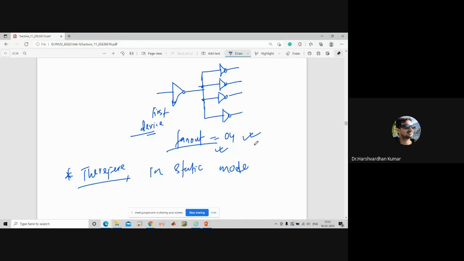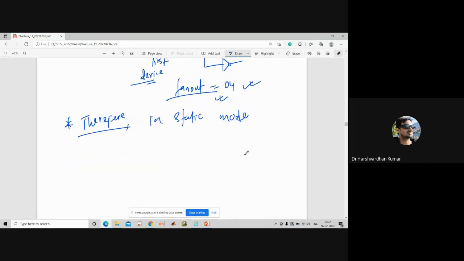It is directly proportional. So since the input impedance in a static mode is infinite, the fan out in a static mode ideally will be infinite, but this is ideal.